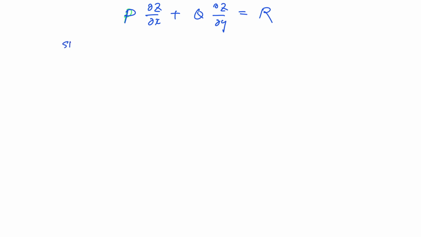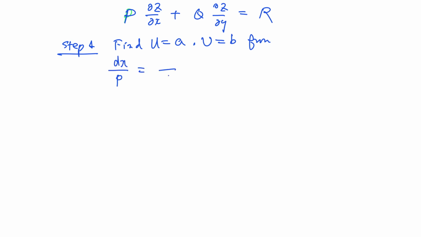Step 1. Find u is a, v is b from dx over p, dy over q, dz over r.